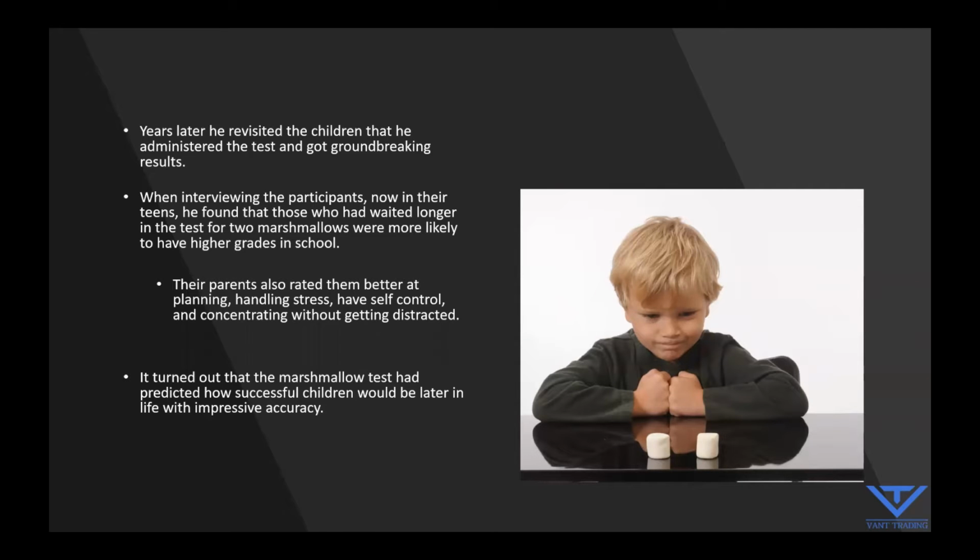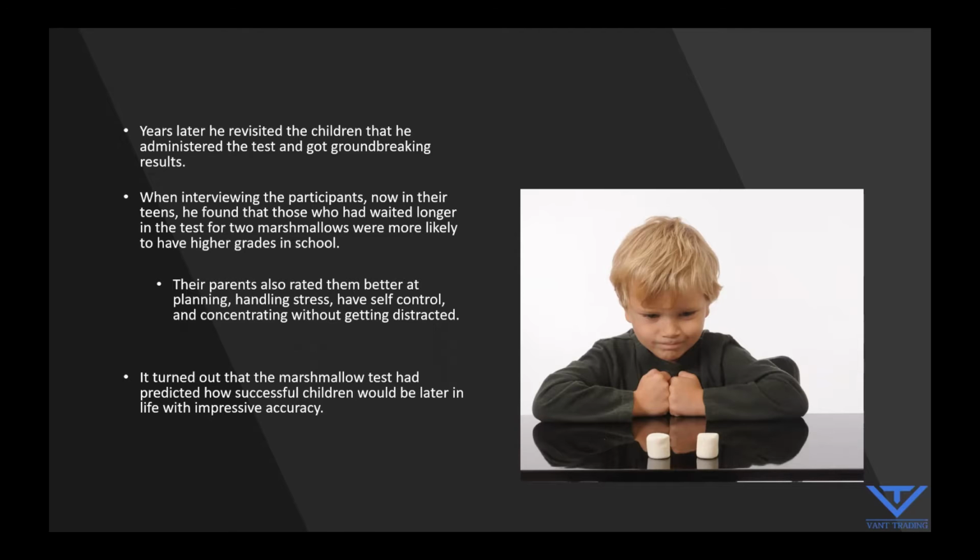He interviewed the kids and interviewed the parents, right? And he found that the kids who had waited longer in the test for the two marshmallows were more likely to have higher grades in school. Matter of fact, it was like 97%.